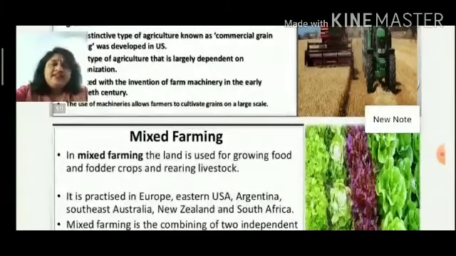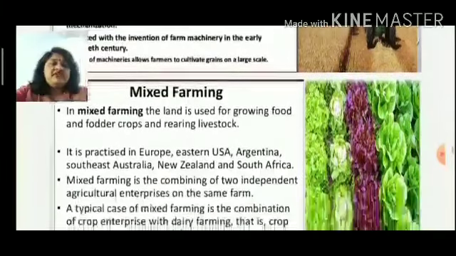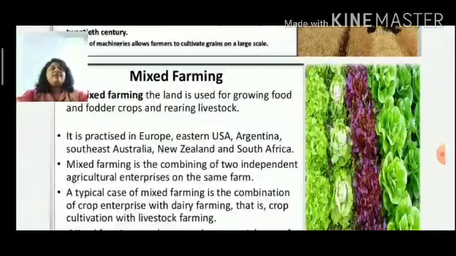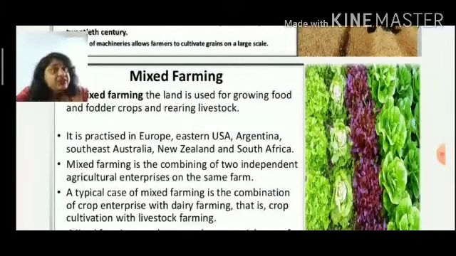Another one is mixed farming. Here we have studied the very first one is commercial grain farming, wherever that crop is grown which is being grown for selling only. Okay, और वहाँ पर क्या था, वहाँ पर सिर्फ सिंगल क्रॉप ग्रो हो रही थी. Okay, make difference in your mind. Second one is mixed farming.